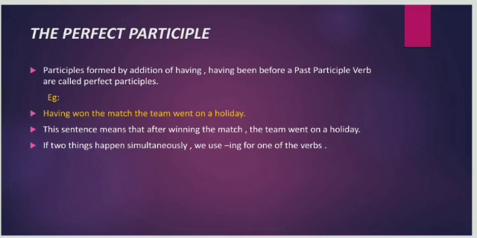Example, having won the match, the team went on a holiday. Okay, so having won the match, and the team went on a holiday. Both these activities are taking place one after the other, or we can say at the same time. So for one of the activities we use a perfect participle.